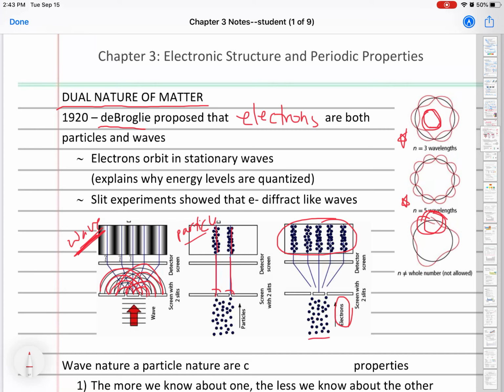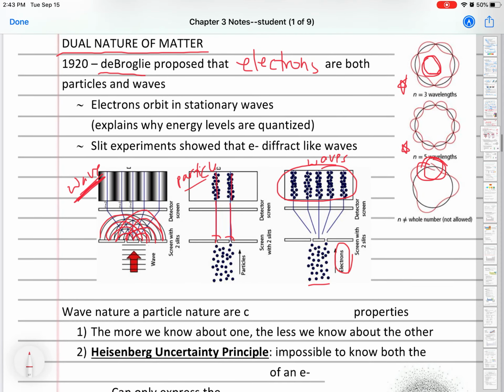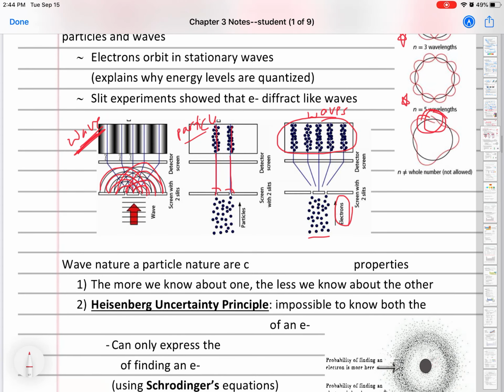In other words, these electrons were behaving like waves and not like particles. So this was further evidence that electrons can do both. We already know they have features that are particle-like, but they also have features that are wave-like. So not only is light a wave and a particle, but electrons are also waves and particles.